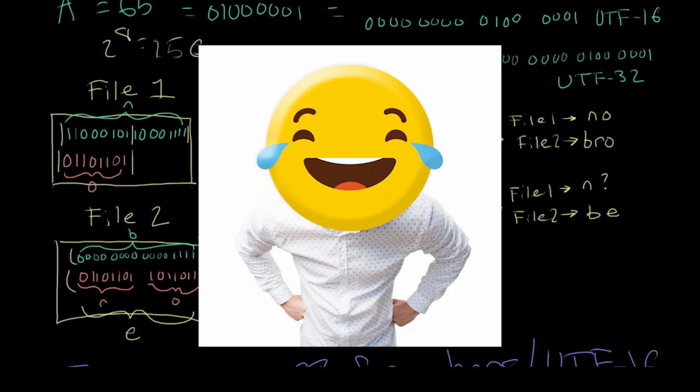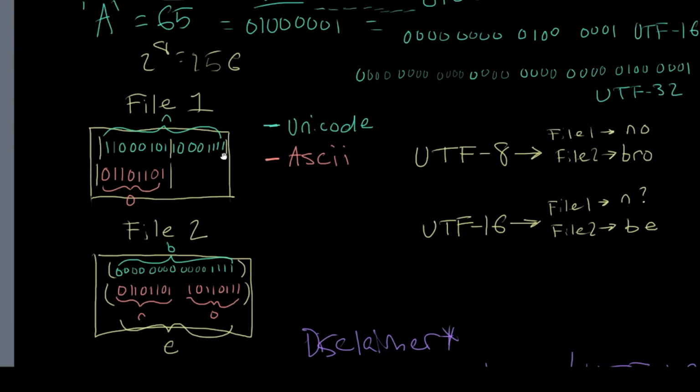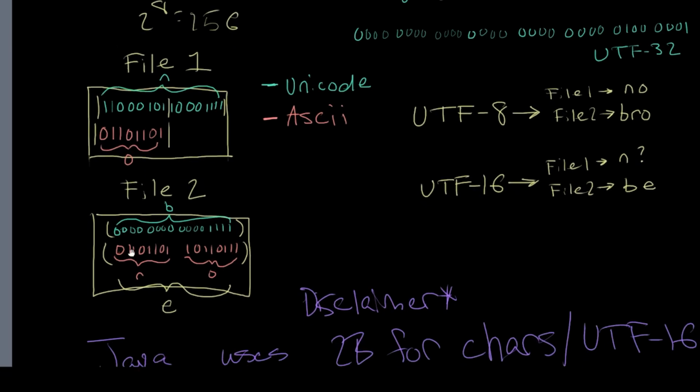Anyway, if we were to use UTF-16, it would read the first 16 bits in Unicode properly, but then when it got to the ASCII code, since there's only 8 bits in ASCII code and it's looking for 16, it'd be like, what the heck is this? In file 2, we have 16 bits for both Unicode and ASCII. So if we used UTF-8, it would read the Unicode properly, because UTF stands for Unicode Transformation Format.